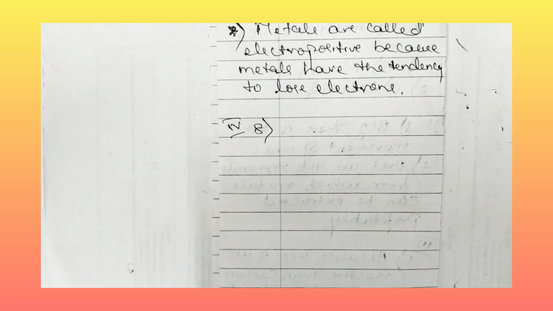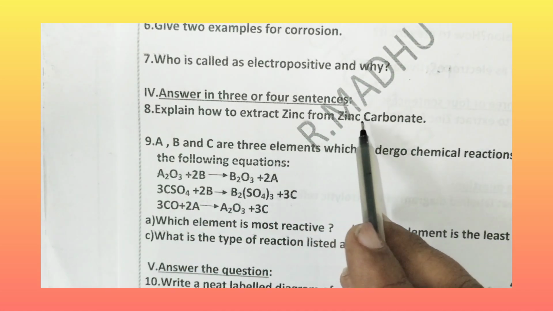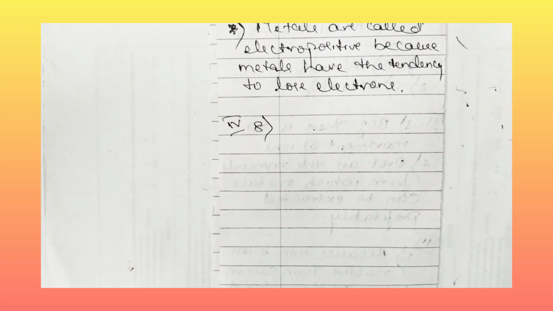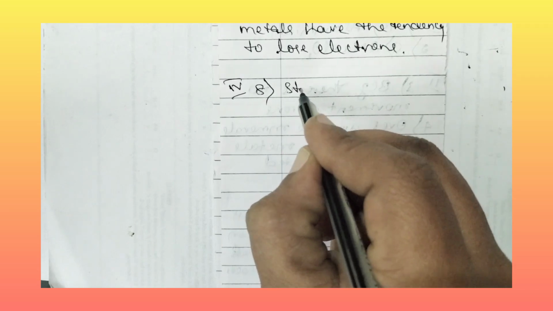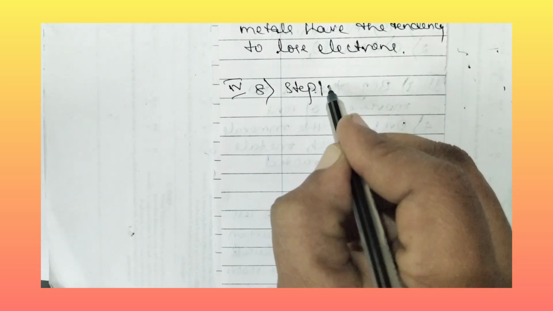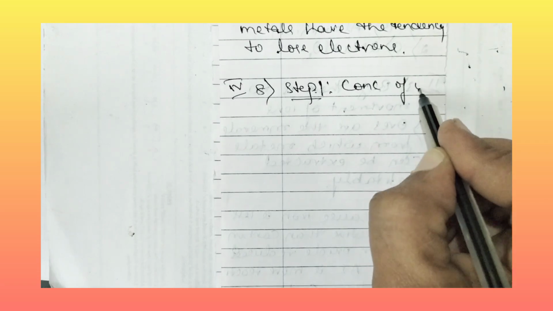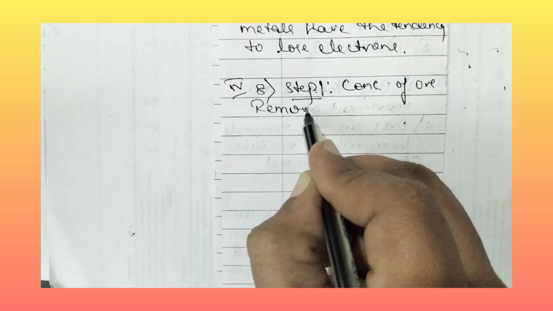Let us move to the 8th question. Explain how to extract zinc from zinc carbonate. Step number 1: concentration of ore, which means removal of gangue particles.